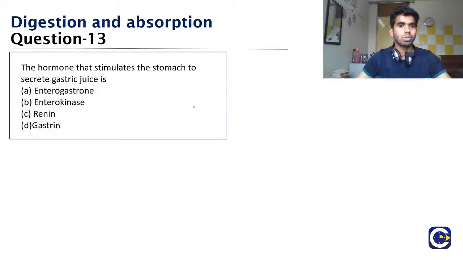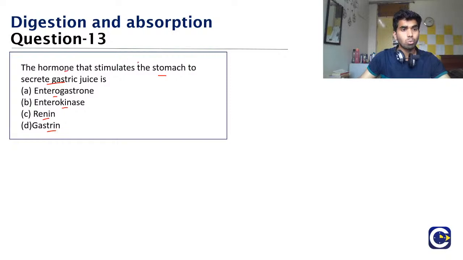Now coming to the next question, question number 13. The hormone that stimulates the stomach to secrete gastric juice is option A, enterogastrone, option B, enterokinase, option C, renin, and option D, gastrin. Of this, which is the hormone?